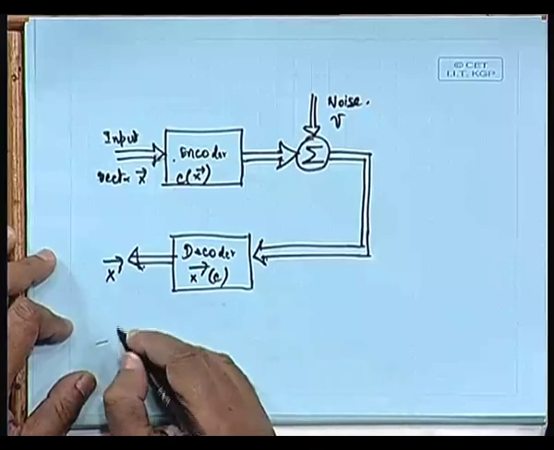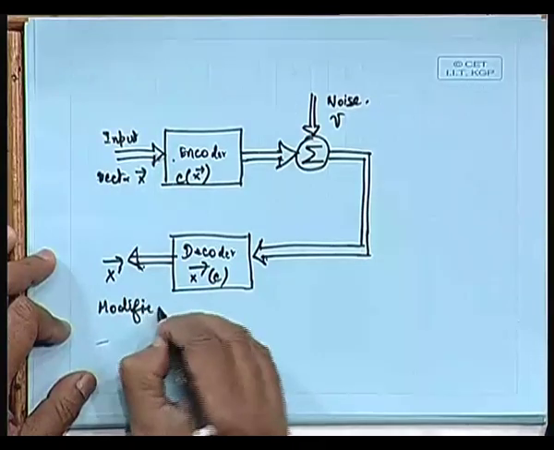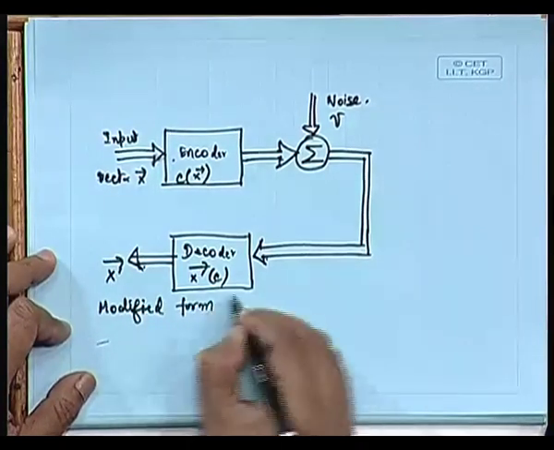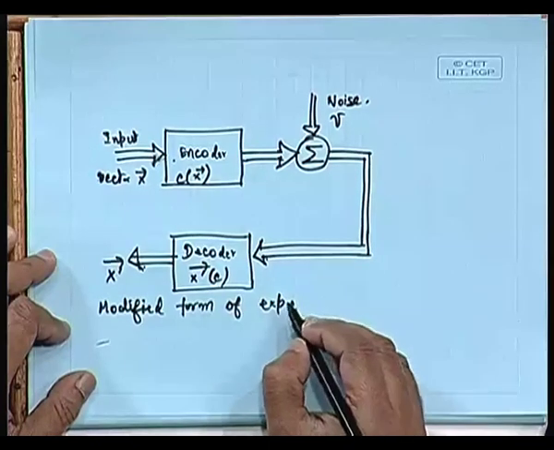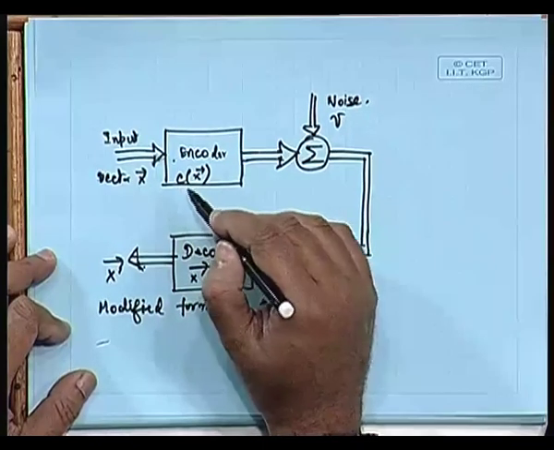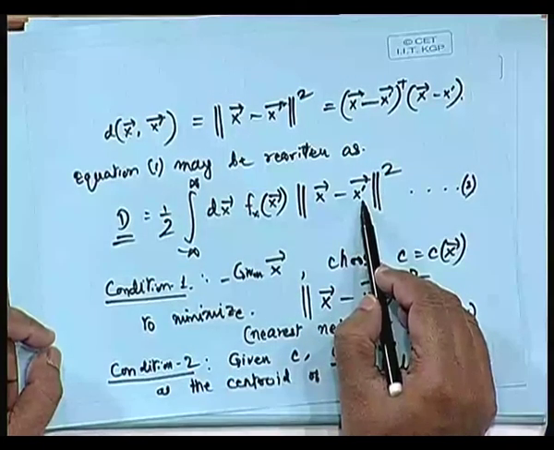So, the modified form of the expected distortion. The expected distortion that I had already written down now gets modified. How does it get modified? Earlier we were writing x minus x prime, and what was x prime?